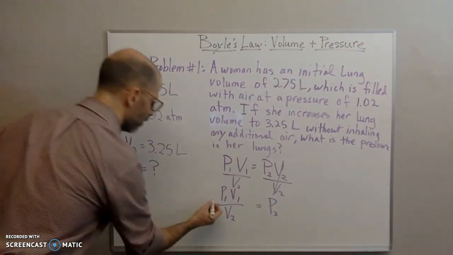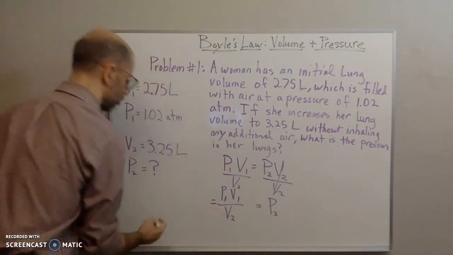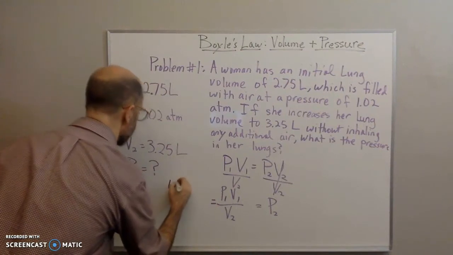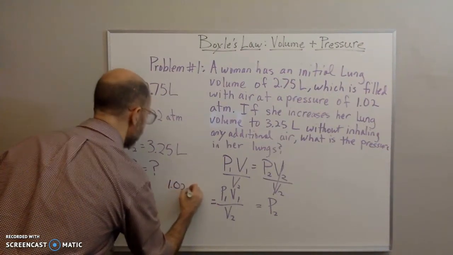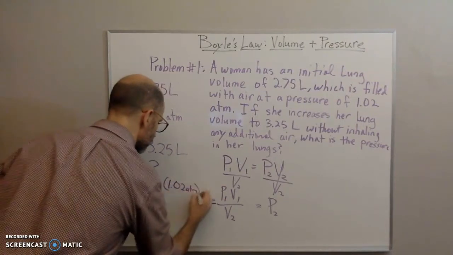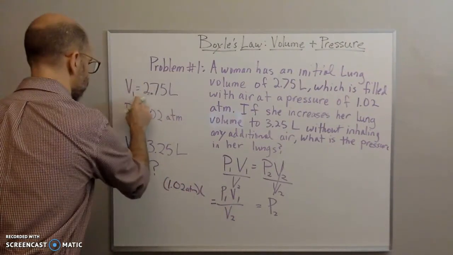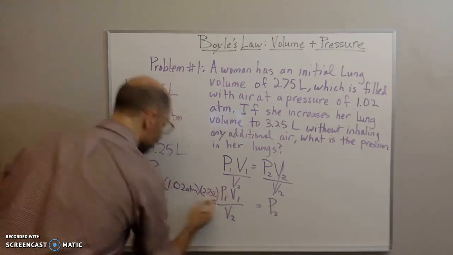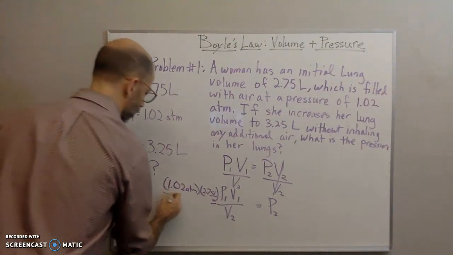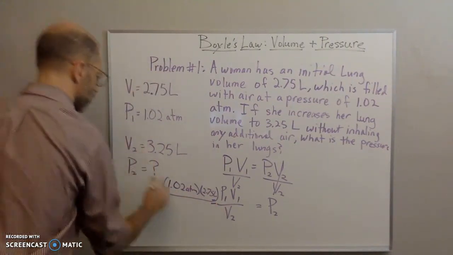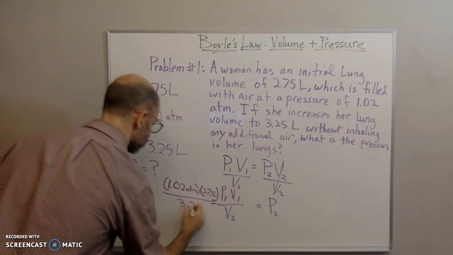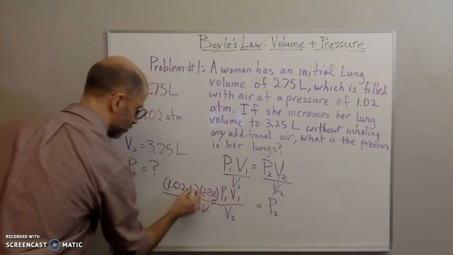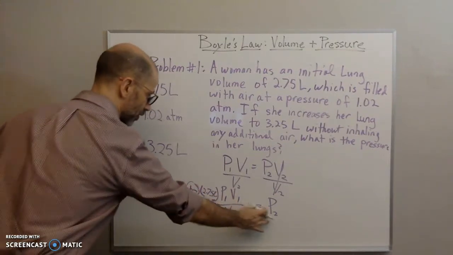So P1 is 1.02 atmospheres, and then V1 is 2.75 liters, and that's all divided by V2, which is 3.25 liters. Liters cancel out, leaves me with atmospheres, so that's a pressure unit.